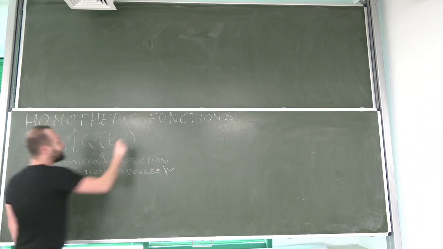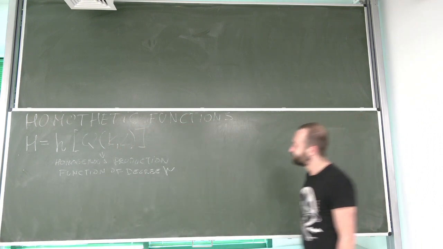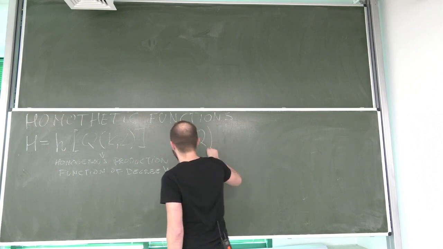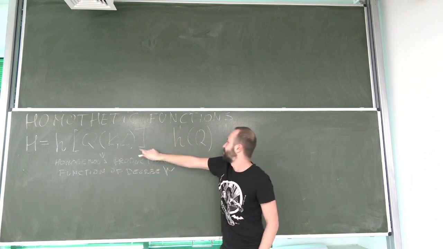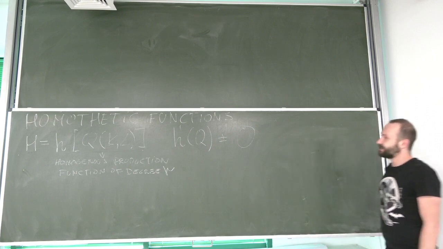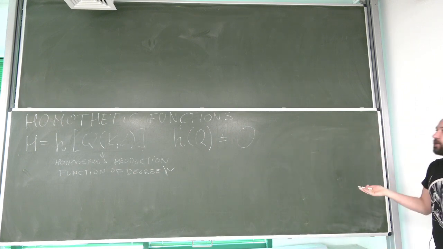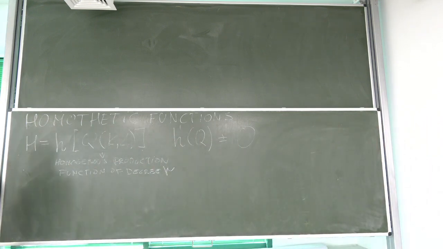Okay, and it turns out that if we have that h prime of q, so derivative of this function with respect to q, is different than 0, we get a homothetic function, and it's going to produce for us linear expansion paths.